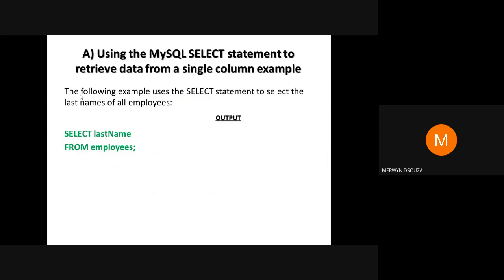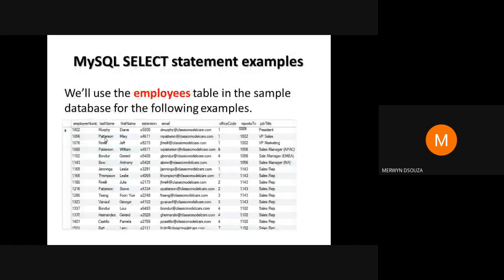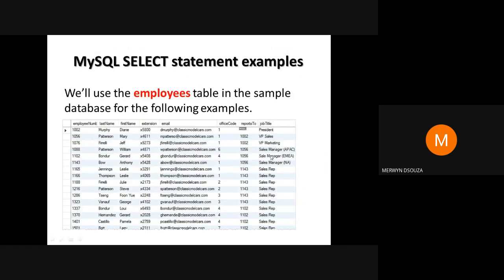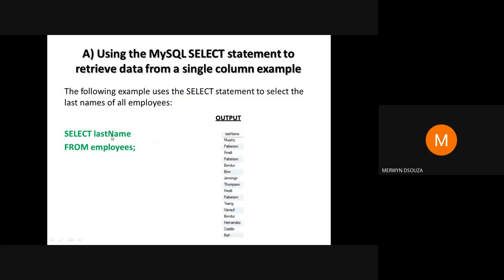So the query for it will be select last name, where last name is the name of the column which contains the last names of the employees, like you can see in this snapshot, from the name of the table, employees. So the output will look something like this. Only the last name column will be displayed since you are selecting only one column. So from this entire table, one column will be shown to you as output.